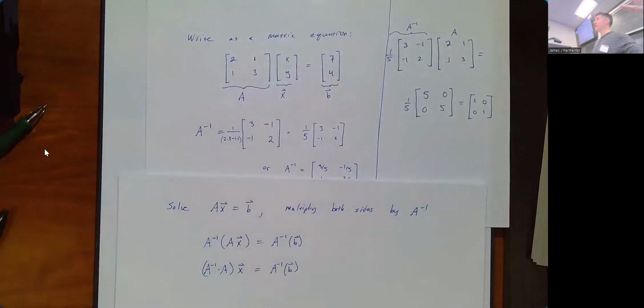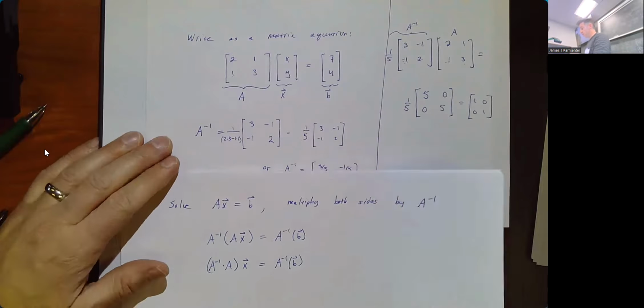The identity. And that is always true. When you multiply a matrix by its inverse, if it exists, not every matrix has an inverse, but if it does, and you multiply them together, it always multiplies to the identity. That is the way the inverse is defined.